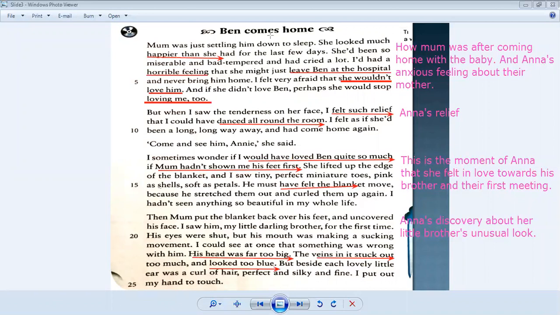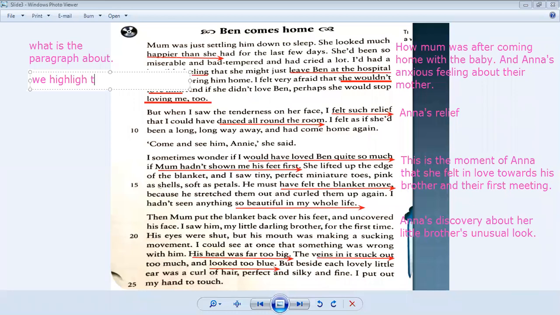When I describe the story like this, you see, first we are writing about what the paragraph is about. But besides just telling what the paragraph is about, we also highlight the supporting sentences.